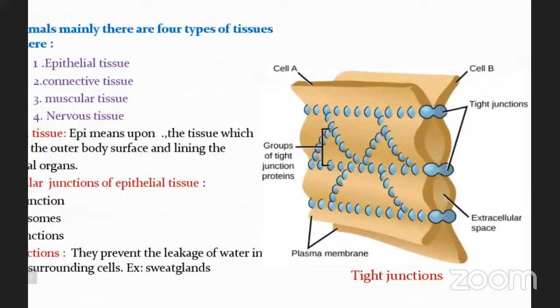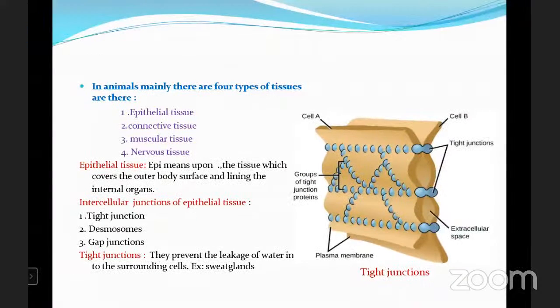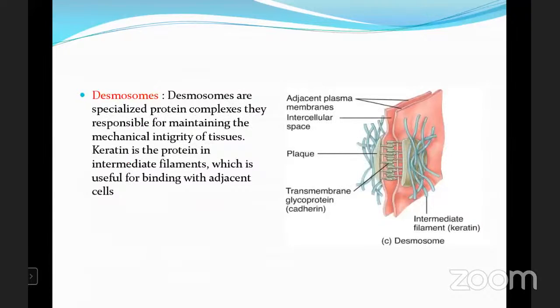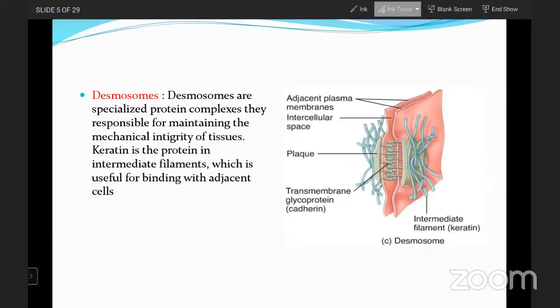Now, coming to know about the desmosomes. Desmosomes are the specialized protein complexes responsible for maintaining the mechanical integrity of tissues. So here in this picture, we are able to see the protein filaments which are made up of keratin. What is the name of the protein?